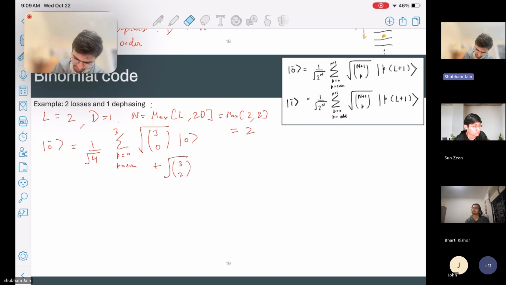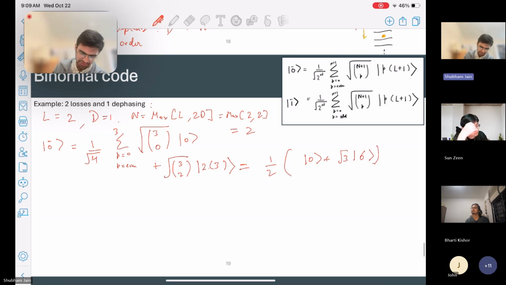No. This is the 0 state, and then we have 2 times 3, since this is L plus 1, so 2 times 3. This just turns out to be 1 over 2 times the 0 state plus square root of 3 times the 6 state. So that's the 0 logical state.